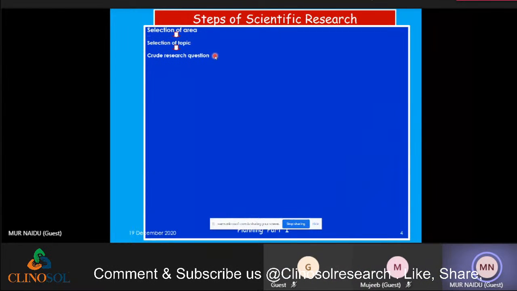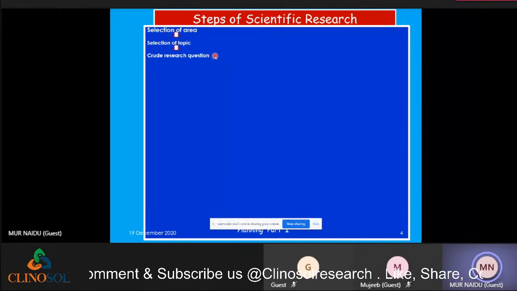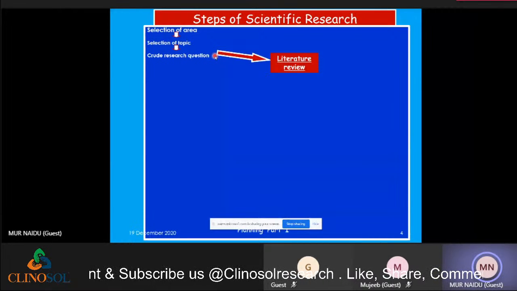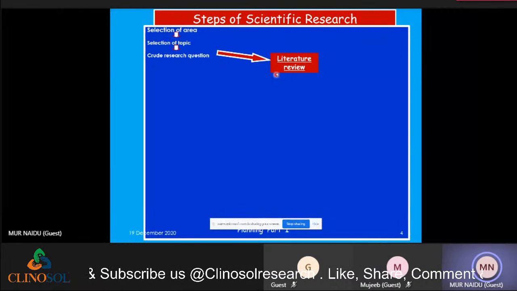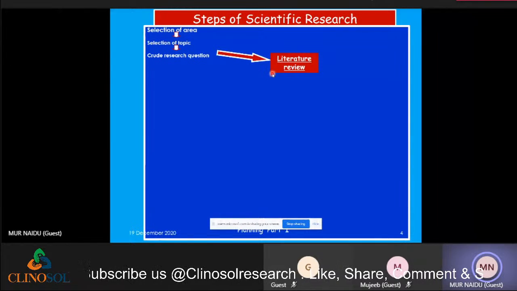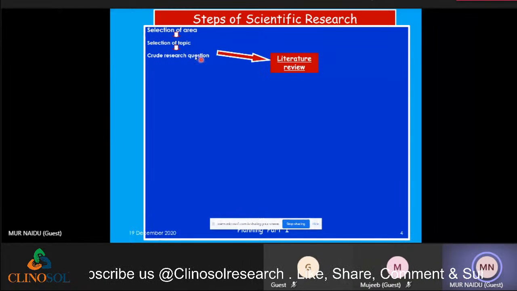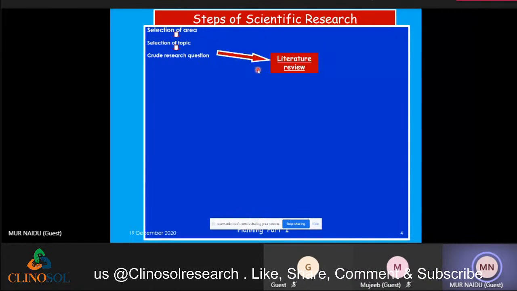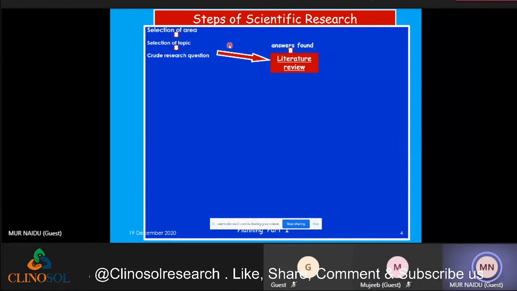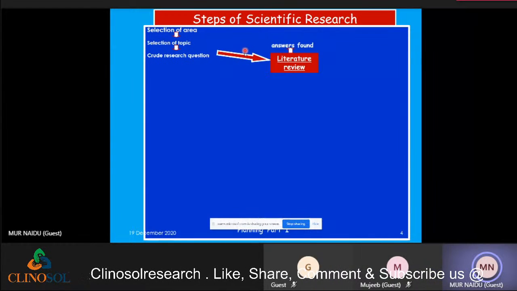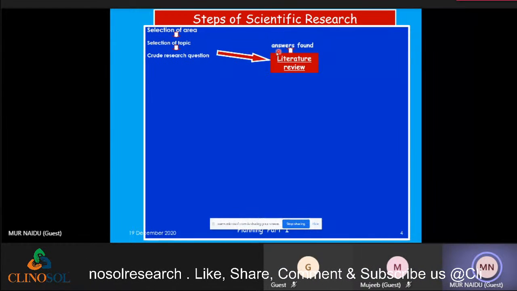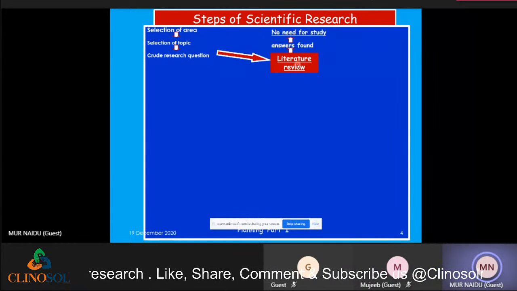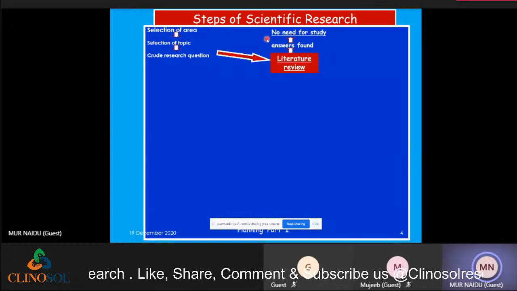Once you have a crude research question, the most important thing is to immediately go into literature review and do a very detailed literature review to check whether such work has already been done or not. Suppose you wanted to do an XYZ study in a particular disease and you find that it has already been done and published, then there is no point in doing that study.